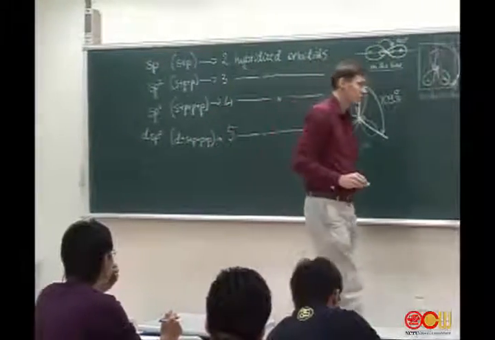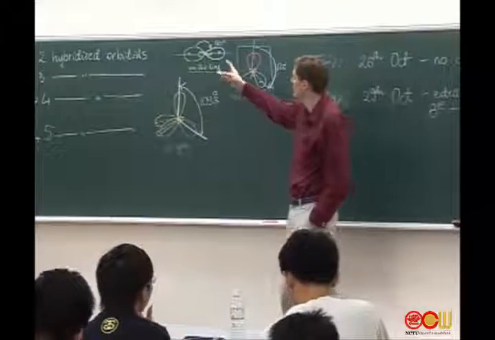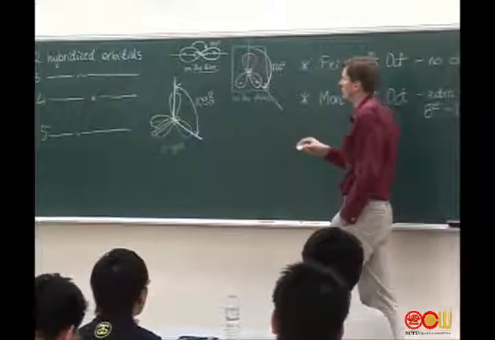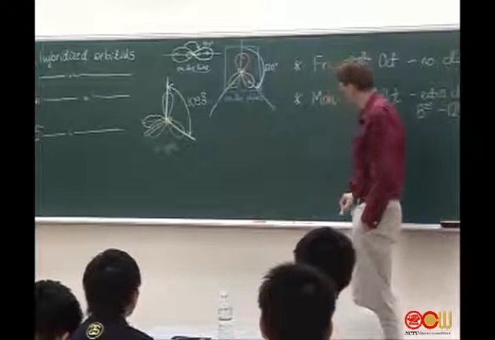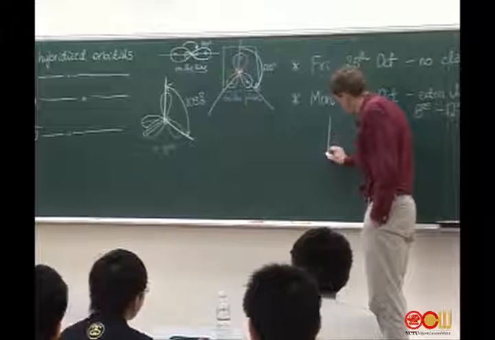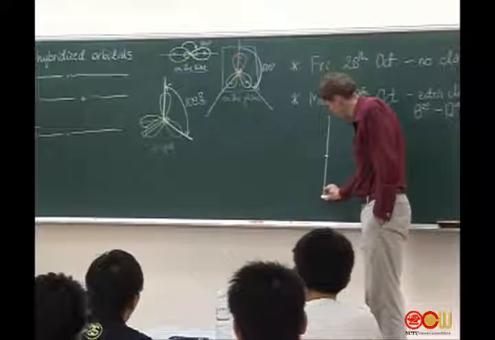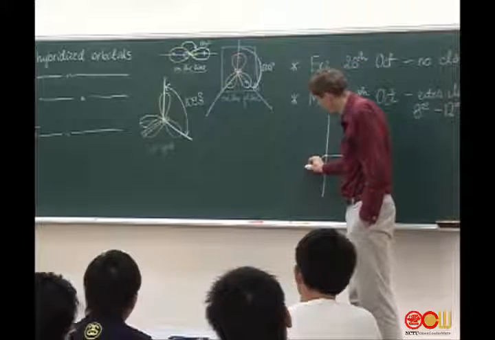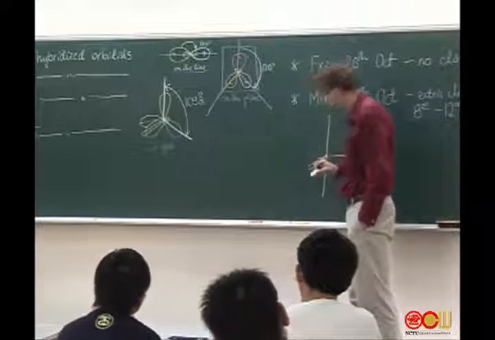How does this look? Turns out that it's not so different. Here they were on the line, here they're on the plane. In the case of 5 orbitals, here is the central atom. One of them is up, another one is down, another one is here, another one is here, and another one is there.